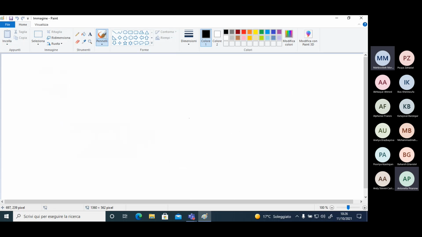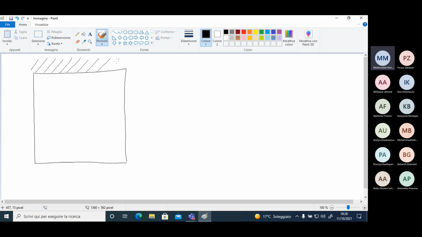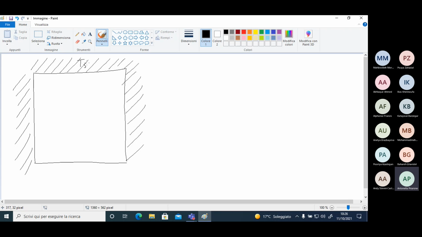And I sketch again the system now with the mesh. So here I have TS equal to 500 Kelvin. Here I have TS equal to 500 Kelvin.